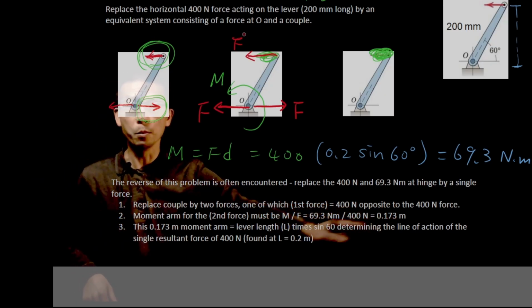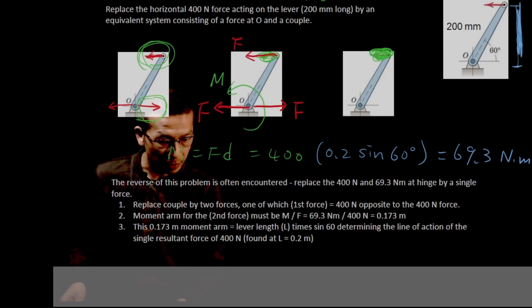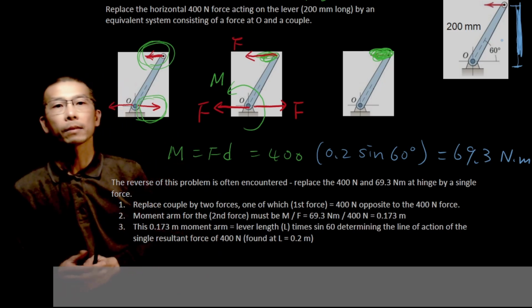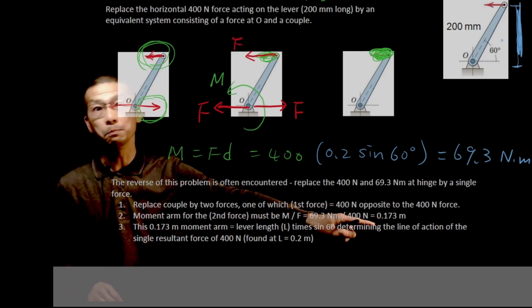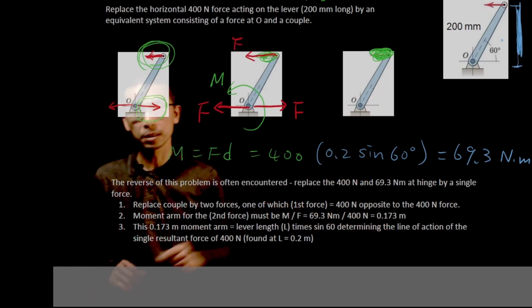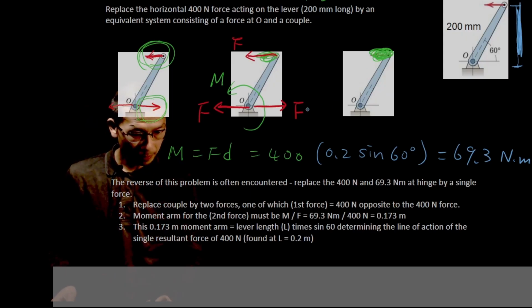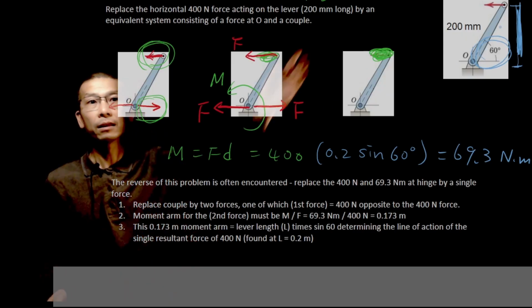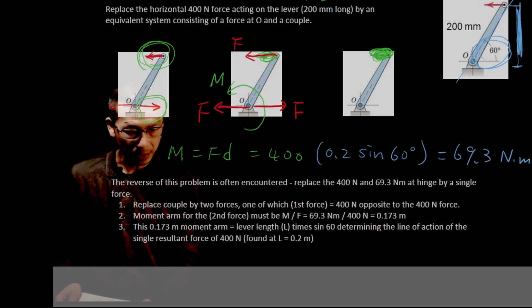So the moment arm, this vertical distance here, if you calculate that, it should be 0.173 meters or 173 millimeters. And because of the angle, you got the angle, right? We can calculate the length along this line here. Let me use red.